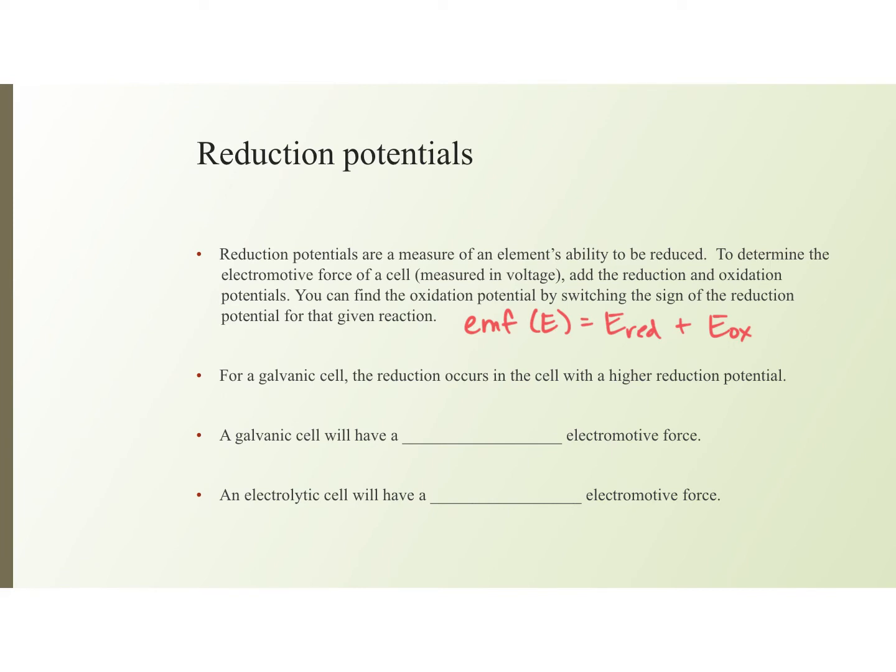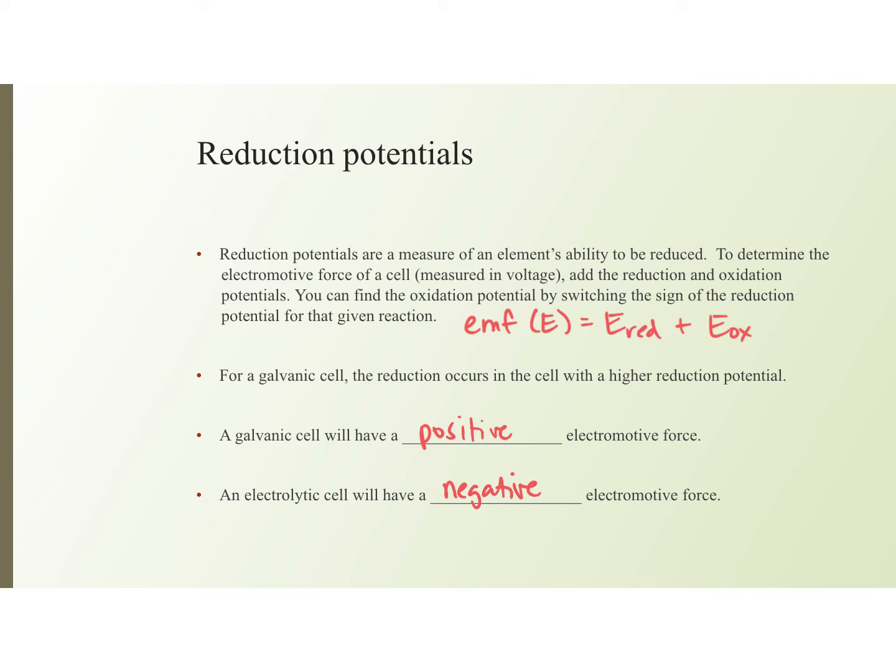Now, make sure you note that in any galvanic cell, the reduction occurs in the cell with the higher reduction potential. A galvanic cell will have a positive electromotive force, while an electrolytic cell will have a negative electromotive force.